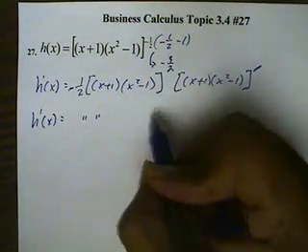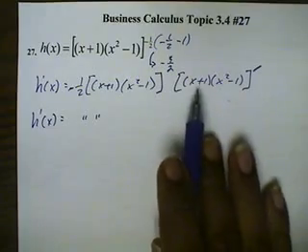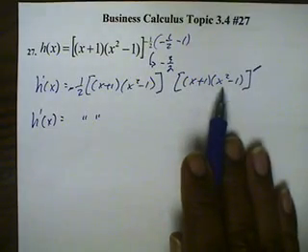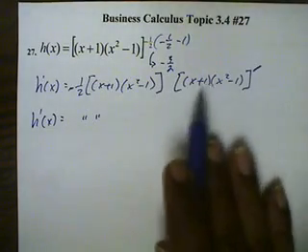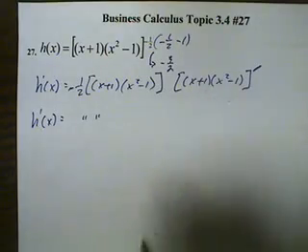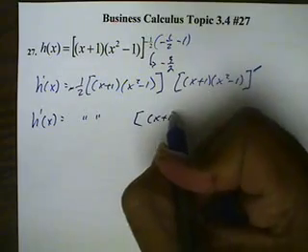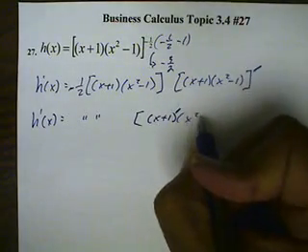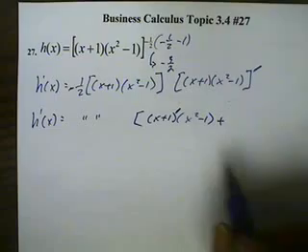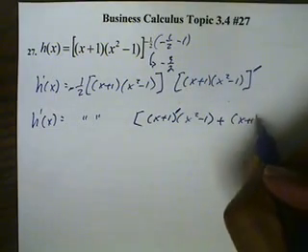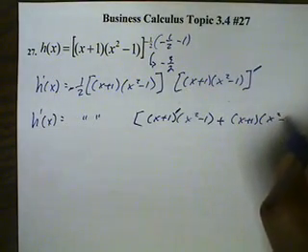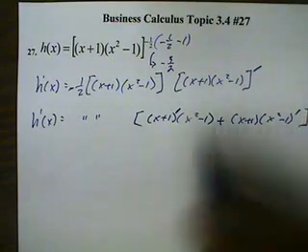And let's work with this. Now, to take a derivative of this, we have a function times a function. So to take a derivative of functions while they're multiplying, we use the product rule. So this will be x plus 1 derivative times the x squared minus 1 plus the x plus 1 times x squared minus 1 derivative. That's all product rule.